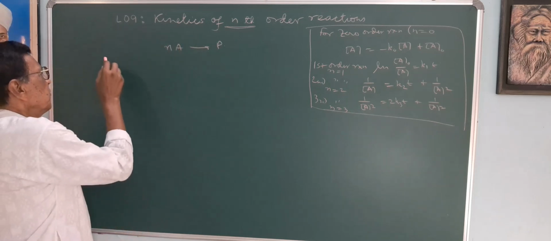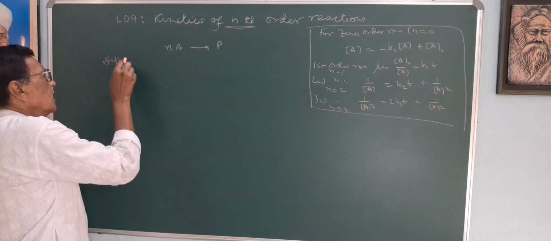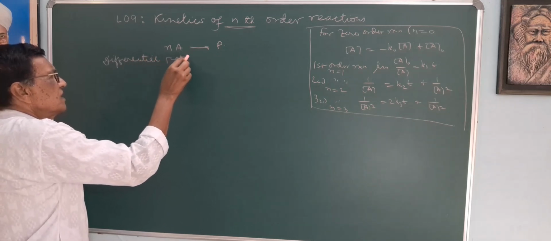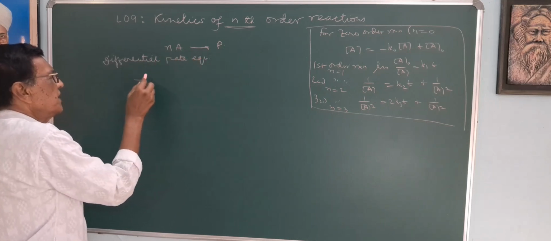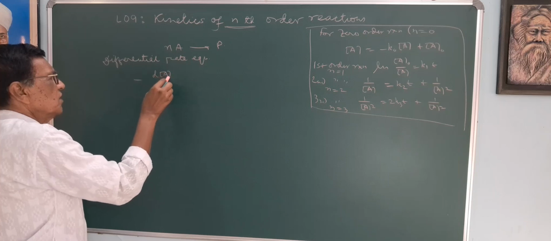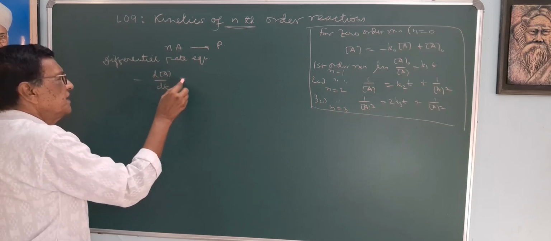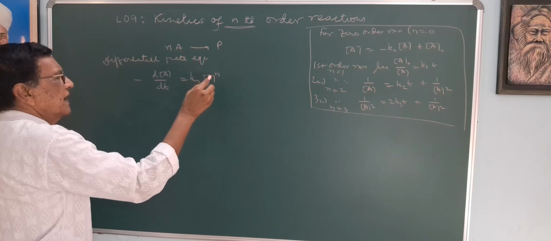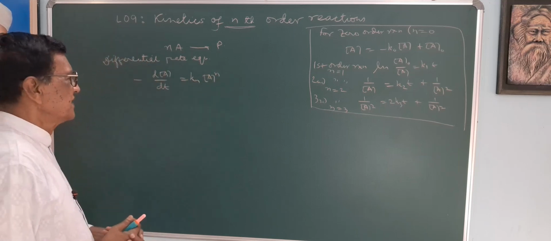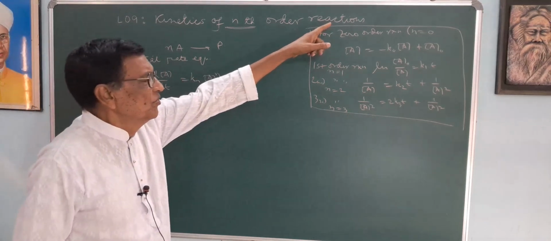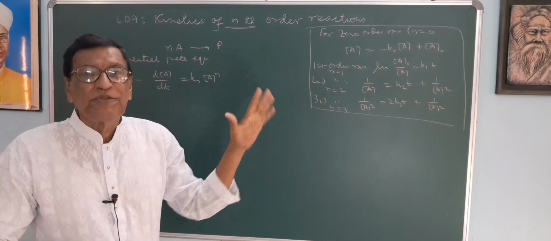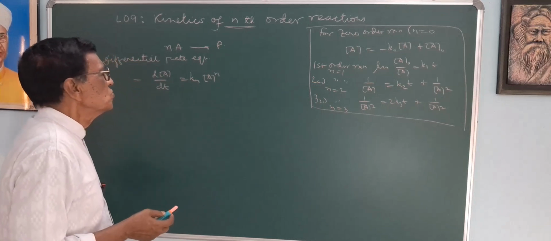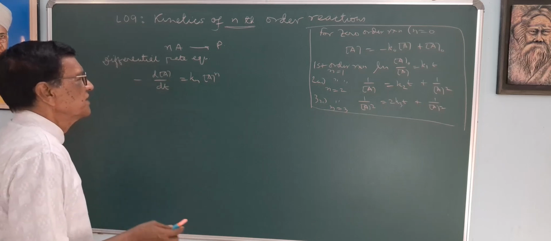The differential rate equation is minus d[A]/dt equal to Kn [A] to the power n, as it is the nth order reaction. n may be 0, 2, 3, but not equal to 1, for which it will not be valid. Kn is the rate constant for this nth order reaction.